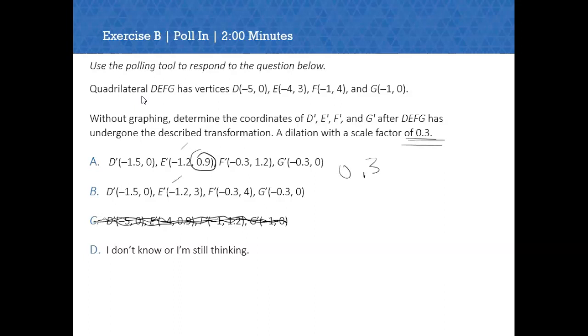So we can check one more. -0.3 as compared to -1. Yep, -1 times 0.3 is -0.3. 4 times 0.3 is 1.2. So A is correct. So all we're doing is taking that scale factor and multiplying every coordinate by that scale factor. When it's less than 1, the new image is smaller. When it's greater than 1, the new image is larger.